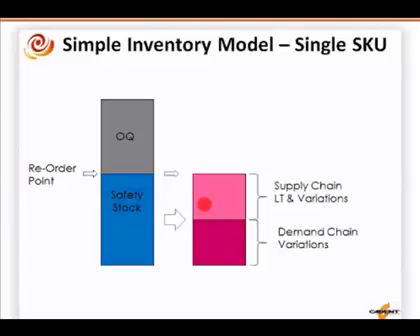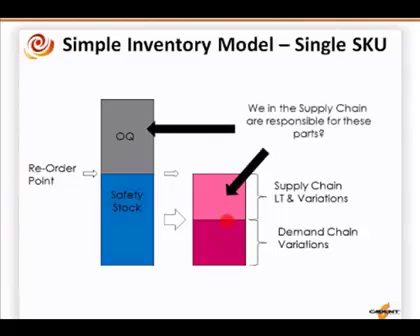So if we break down the safety stock further, we can see that there are demand chain variations, this demand volatility in the darker mauve, and the supply chain and lead time variations. We've made it a 50-50 split here. In a supply chain, we are responsible for these parts that we have highlighted with the arrow.